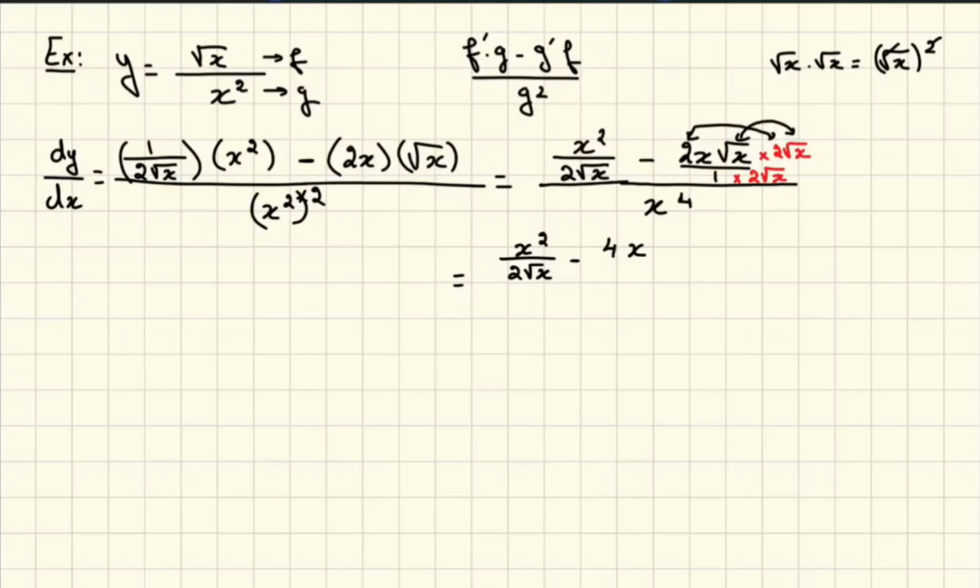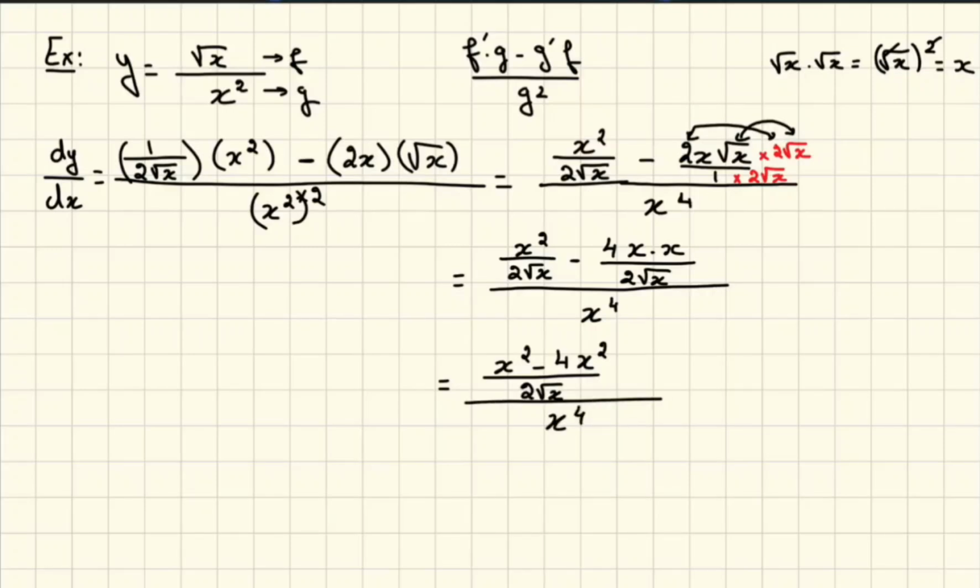The square with the radical can cancel, so you just get x over the same denominator, 2 radical x, and the whole thing over x exponent 4 equals, you will get x squared minus 4x squared now, because x times x is x squared, over 2 radical x.